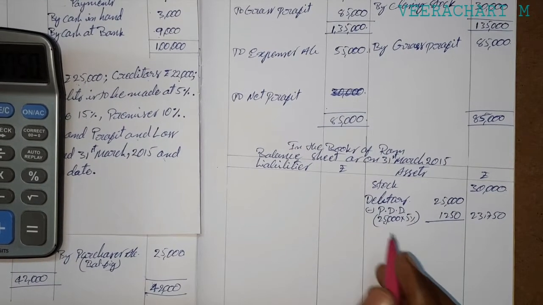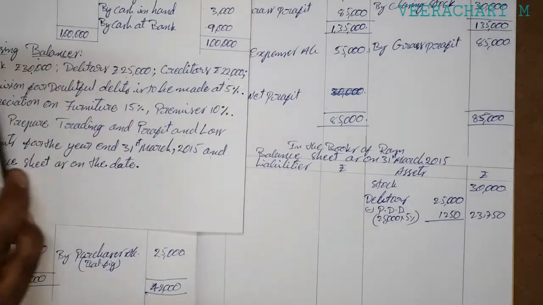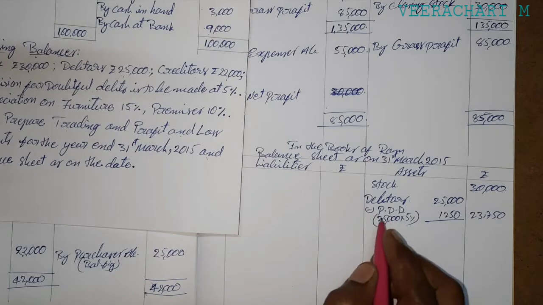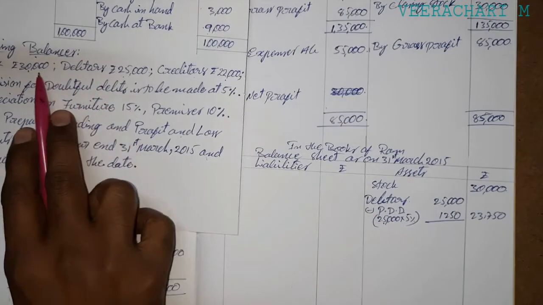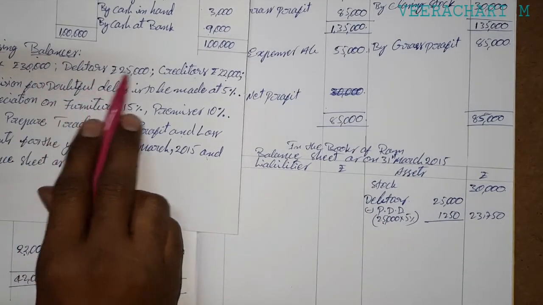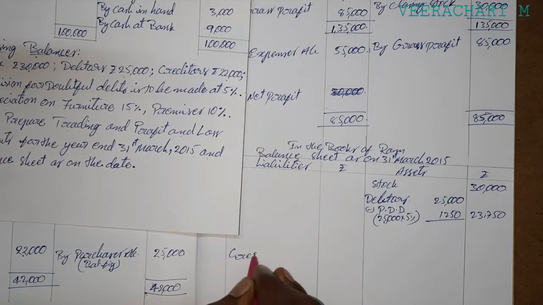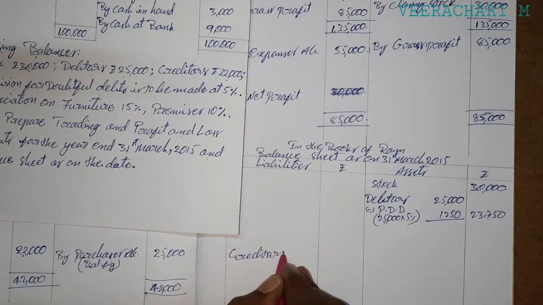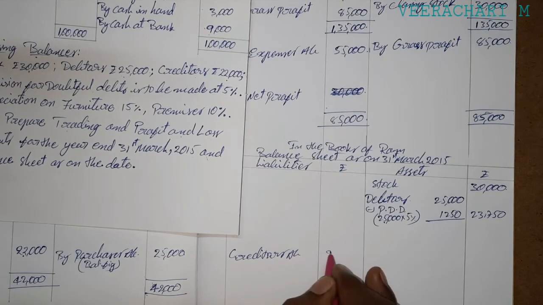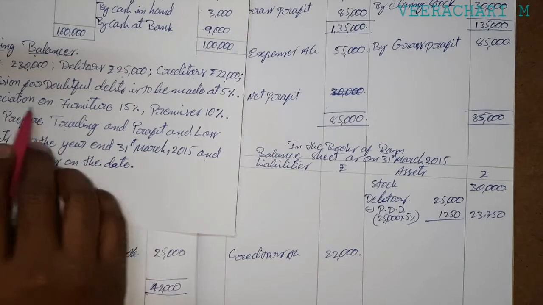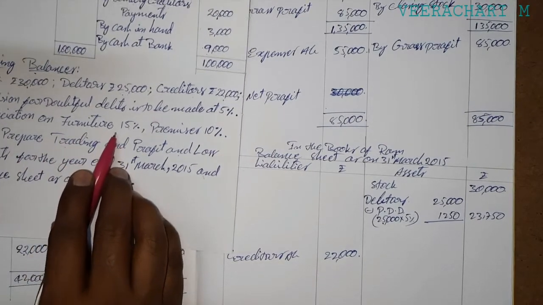Okay. Next, net profit. After stock, after debtors, next it is creditors. You can write on the liability side, creditors account, that is 22,000. Next, furniture, it is 15%.